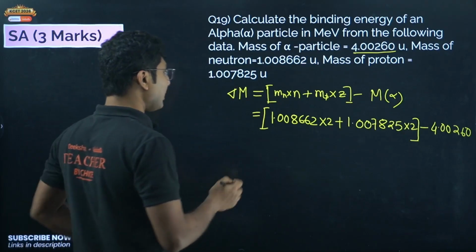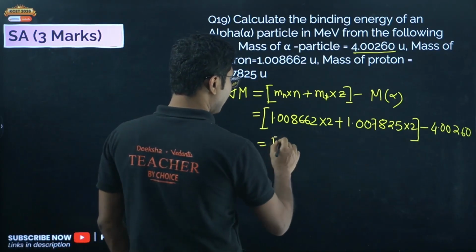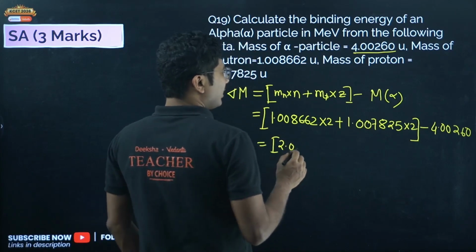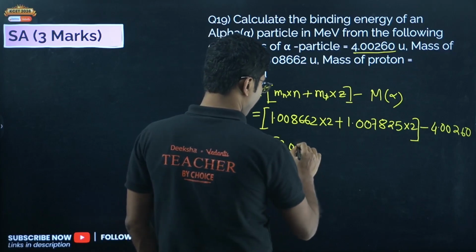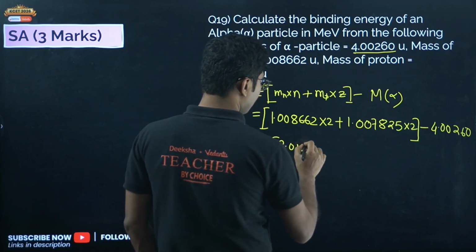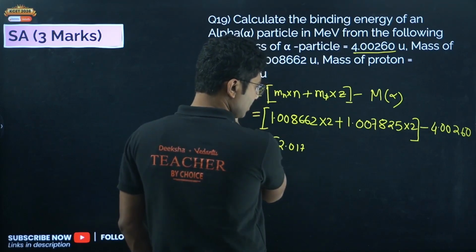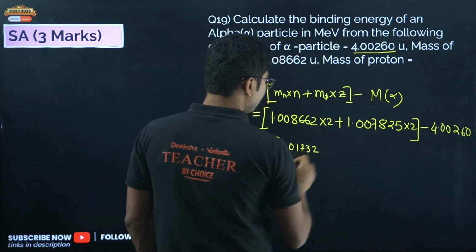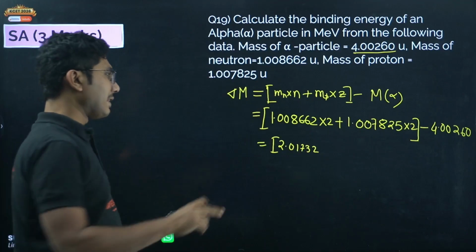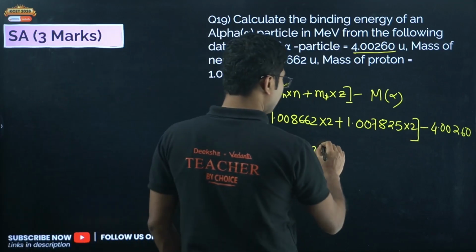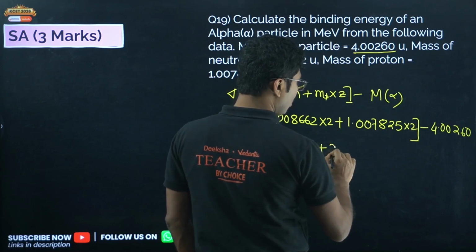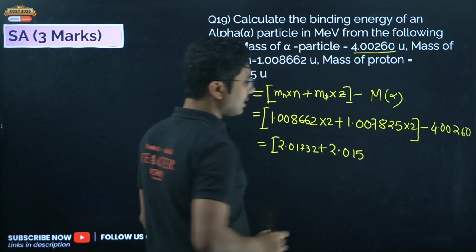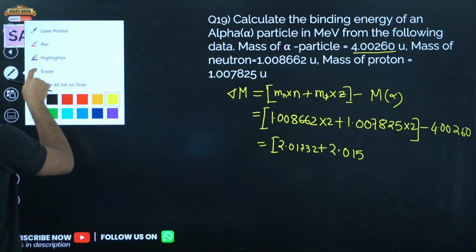You have to calculate the binding energy in terms of MeV. This way you will get the value in u. Here I am using an approximation method, so 2.015 approximately 2.15, and 2.17 and 2.15.